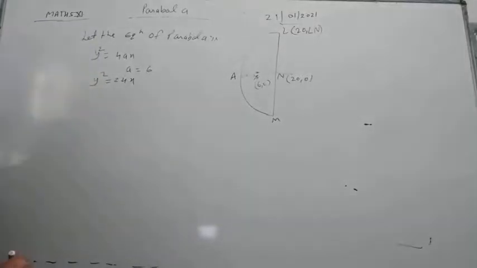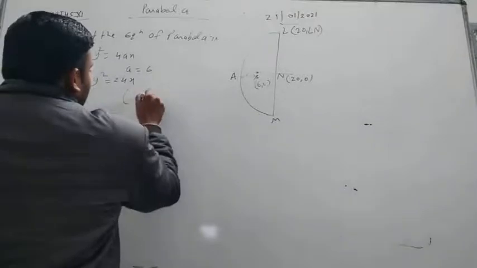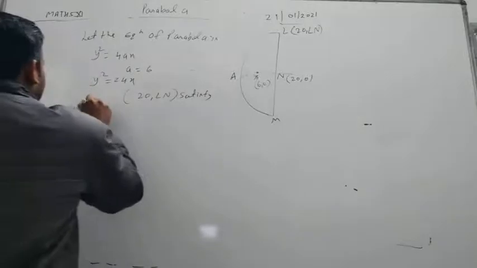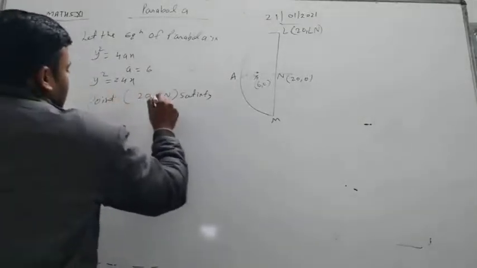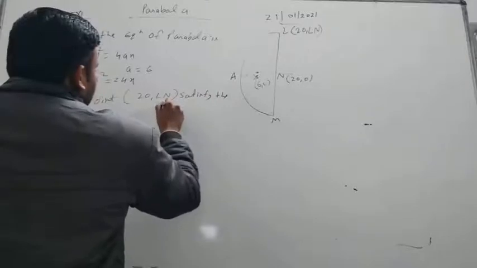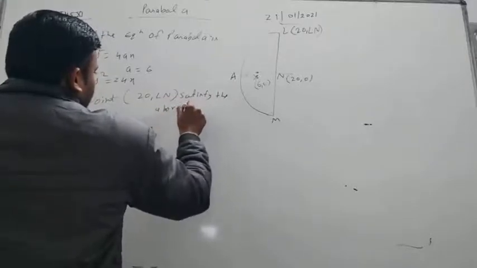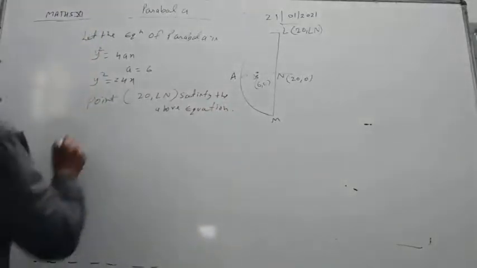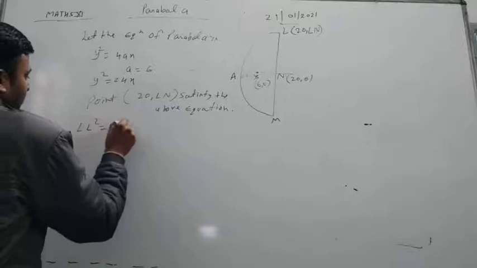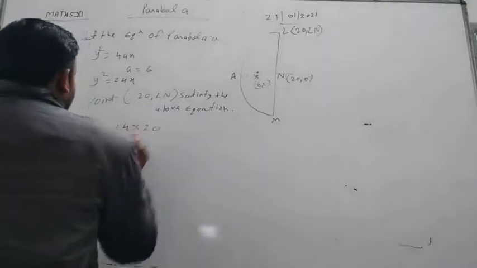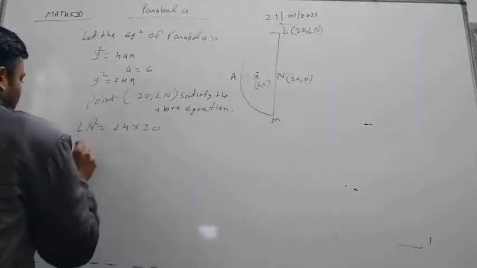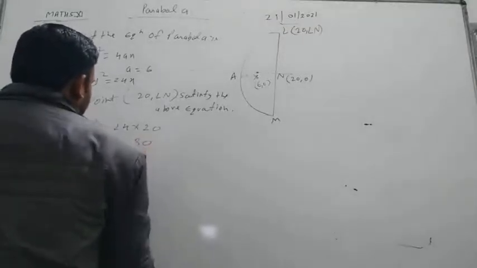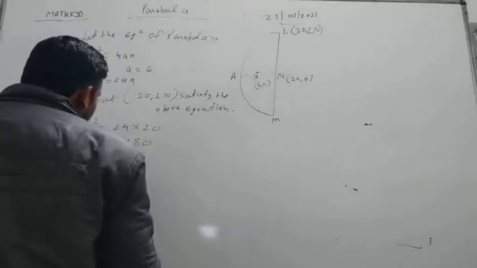Now the point (20, LN) satisfies the above equation. So we write LN square is 24 into 20. So LN square is equal to this. Okay, student.